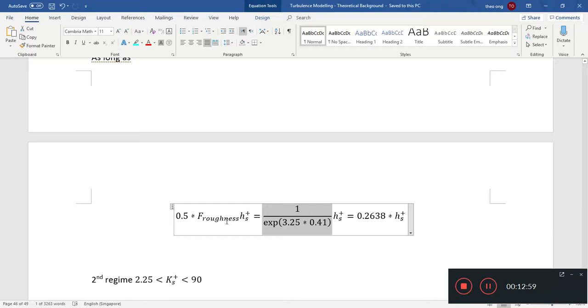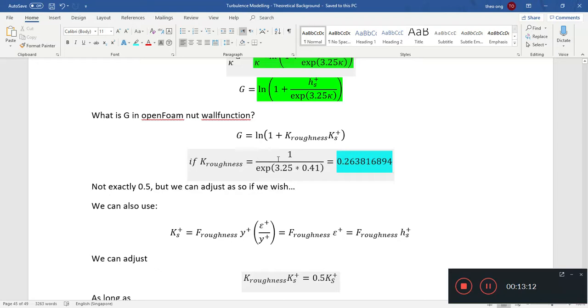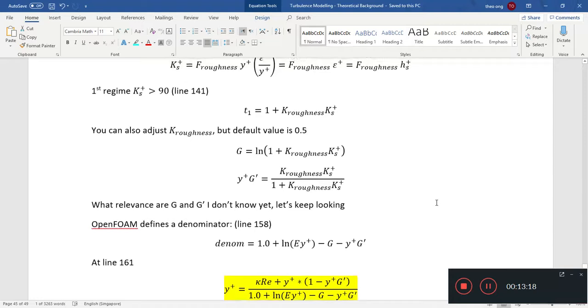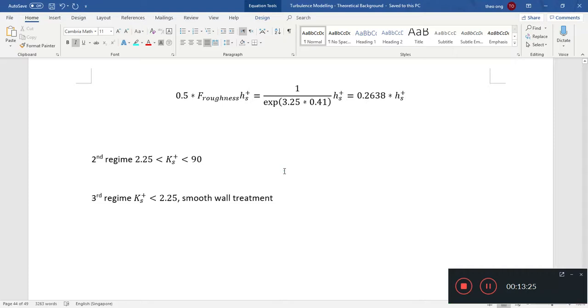F roughness will then become this number divided by 0.5, roughly 0.5253, something like that. So that's another way of approaching this problem, so that we can make it consistent with the formulas we've been using. But this is for the regime of KS plus more than 90. We can look at the second regime to see what is being used here. Okay, so we roughly understand the first regime.